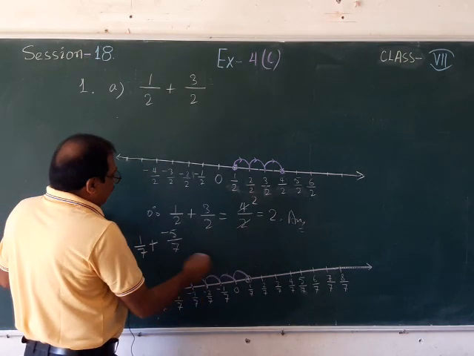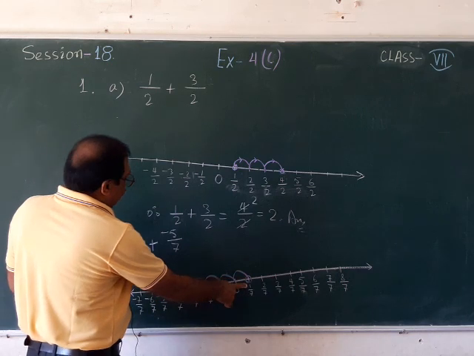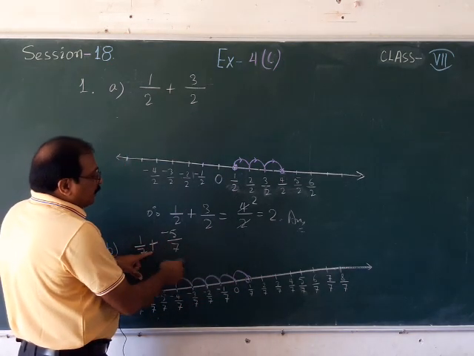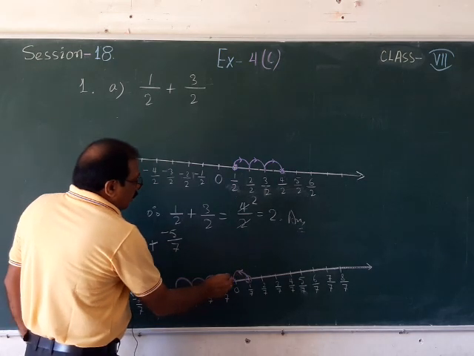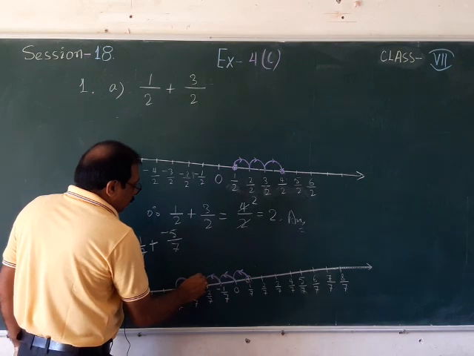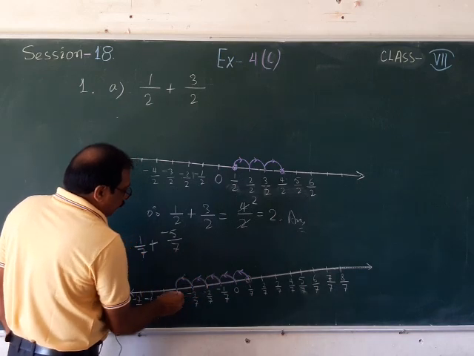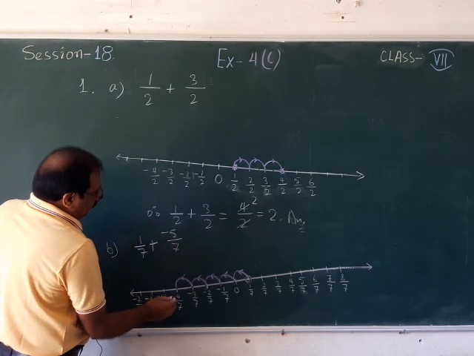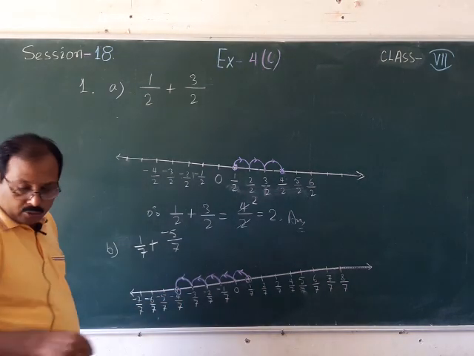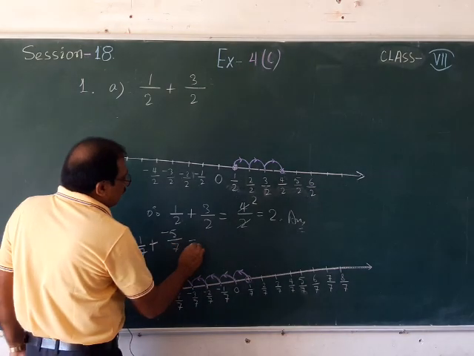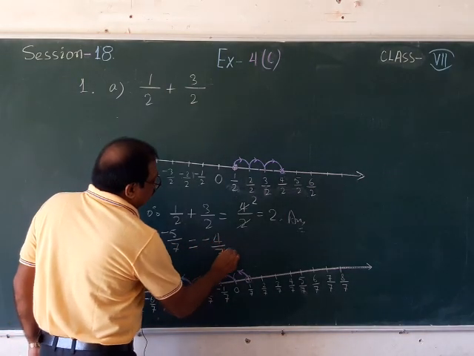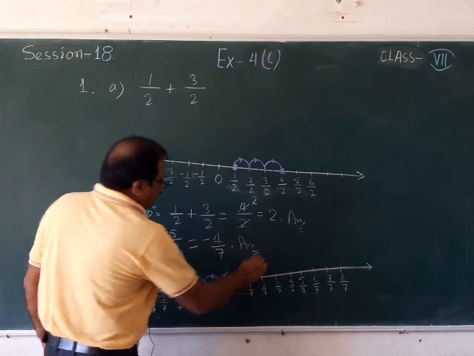So after 5 steps from 1 by 7, adding minus 5 by 7 means you are going right to left. Where are you going? You are going to minus 4 by 7. So you have got your answer, that is minus 4 by 7.